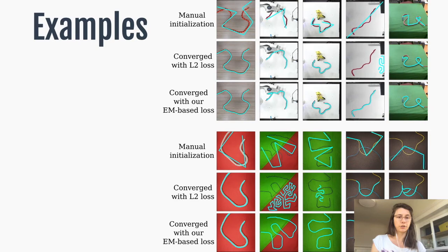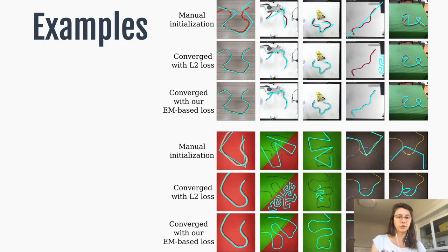And so here are some examples to show you how well this differentiable renderer works compared to other losses under visually very difficult situations. So in the first row here, for example, you have a manual initialization of the rope state, that may come from this perception network, for example, instead.